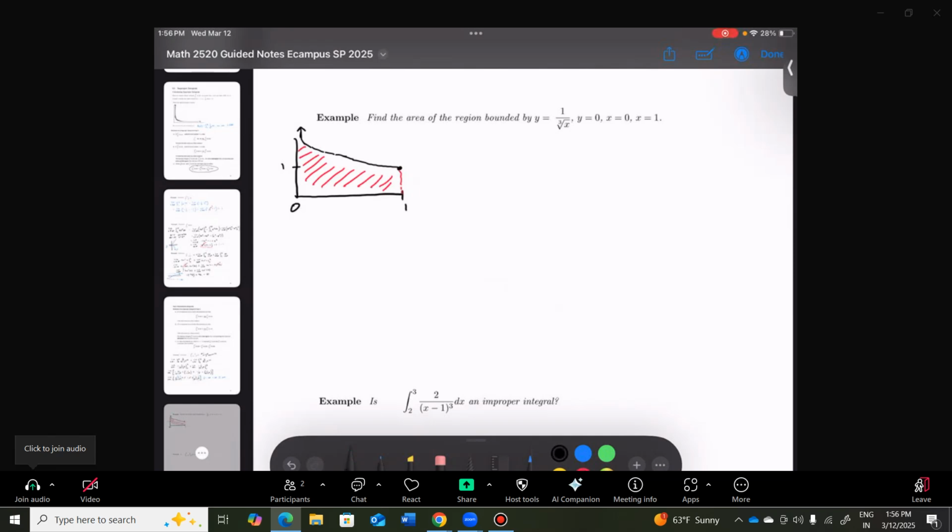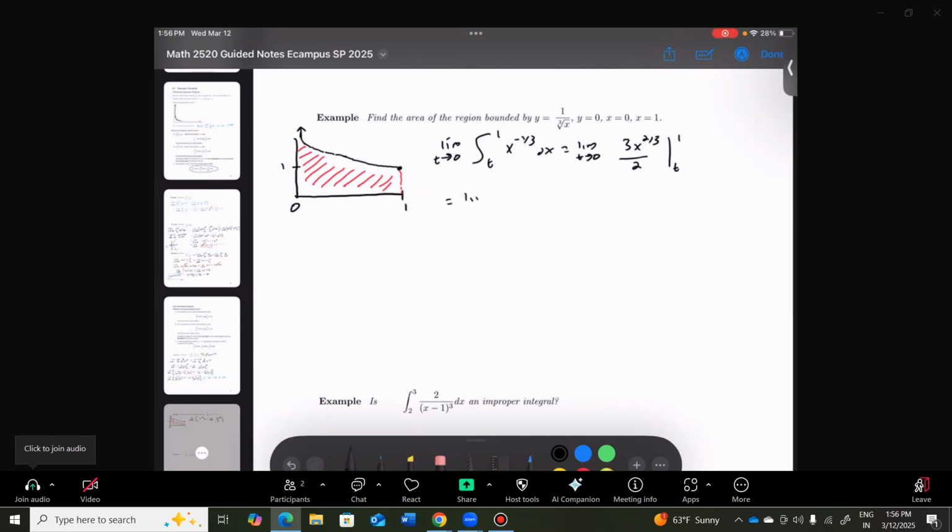And so we have the limit as t goes to 0 of the integral from t to 1 of x to the negative 1/3 dx, which is going to be equal to the limit as t goes to 0. We'll do the antiderivative here. We'll get 3x to the 2/3 over 2, evaluated from t to 1.